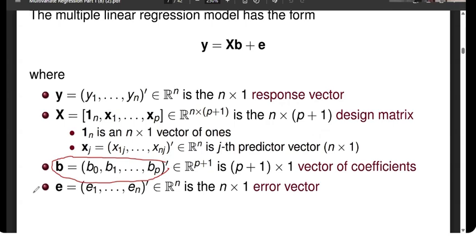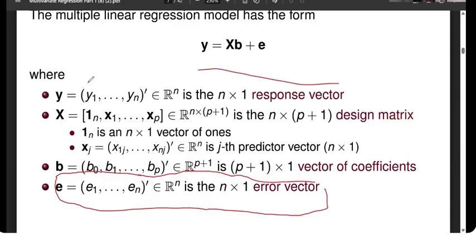Now, I'm also going to have the error. I need you to pay attention. There's something that is similar. Take a look at this too. The error and the response variable have to be in the same dimension. Does that make sense? You remember the other time when I was talking about assumptions, when the assumption revolving around the error holds, when the error follows a normal distribution with a mean of 0 and variance sigma squared, then the response variable will also follow a normal distribution.